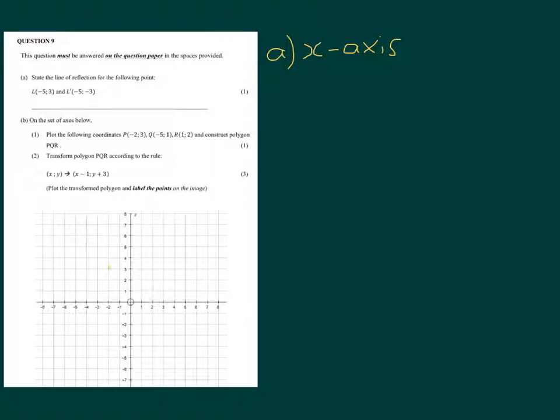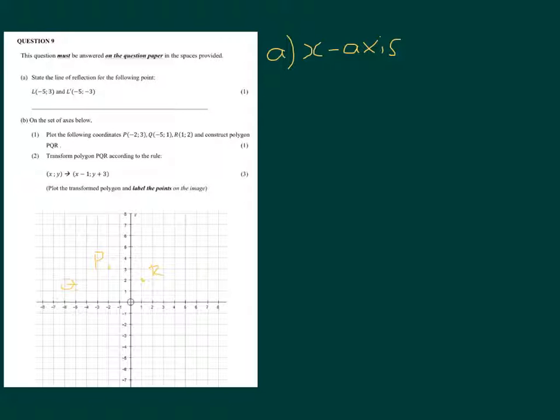Perhaps we should label that first actually. That's P. Then we've got -5 and 1, so that's -5 and 1 over here, and that's Q. And then the last one is 1 and 2, and that's this point over here.